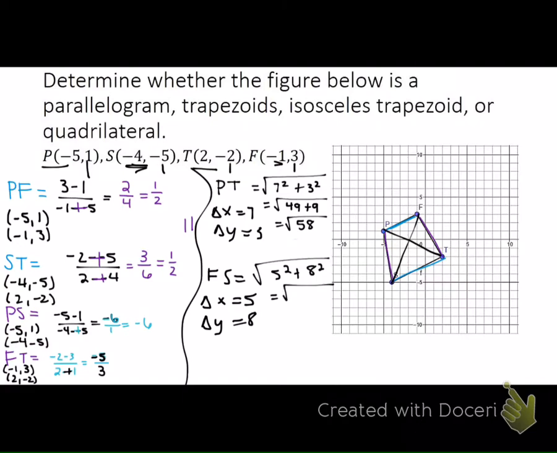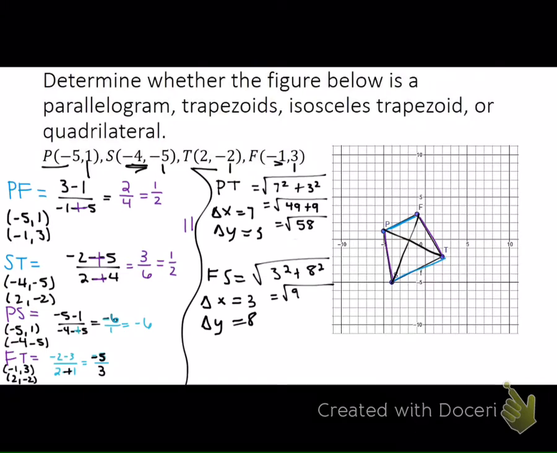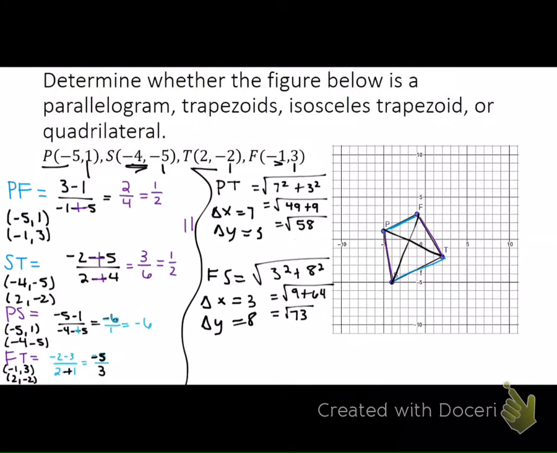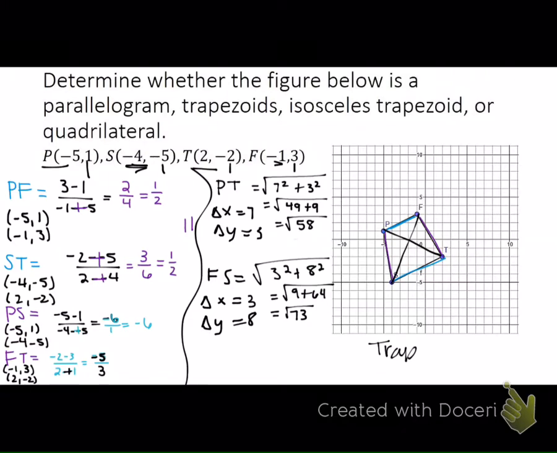So that's 9 plus 64, which is the square root of 73. Are those the same? No, so we just have a trapezoid and a quadrilateral.